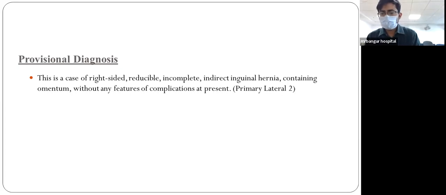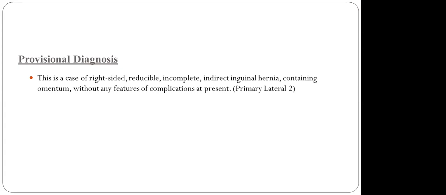So in strangulation, sir, the swelling will be tense and tender. Overlying skin changes might be there, sir, cough impulse will be absent, and it will be irreducible. And the patient will be having tachycardia, tachypnea, sir. Yes, systemic symptoms will be there.